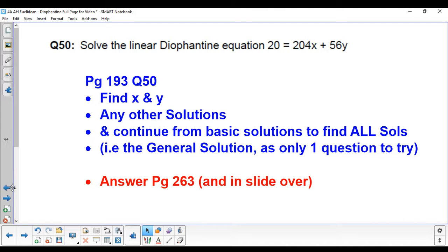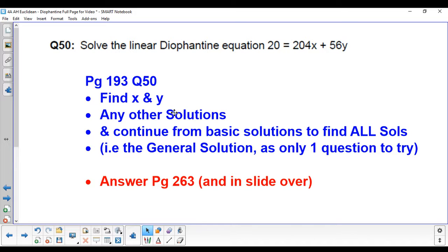There is only one question in the whole textbook to do with this. It doesn't come up a lot. All you have to do is know how to find x and y. It's more reliable to do that. But if the actual value isn't the same and it's a multiple of it, all you have to do is multiply your x and y by that. For question 50, what I'm asking you to do is find x and y, and find any other solutions.